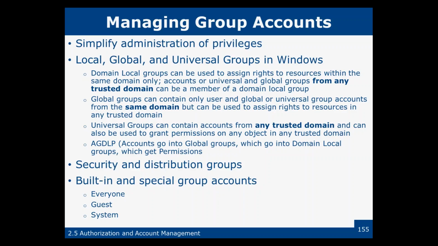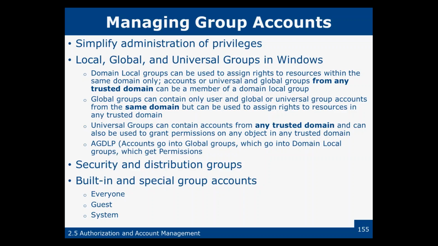The global groups can then go into the local groups, either within your domain or in a trusted domain if somebody wants to give you access to resources in those domains. And then we have universal groups, which came about with, I think, Windows 2000.